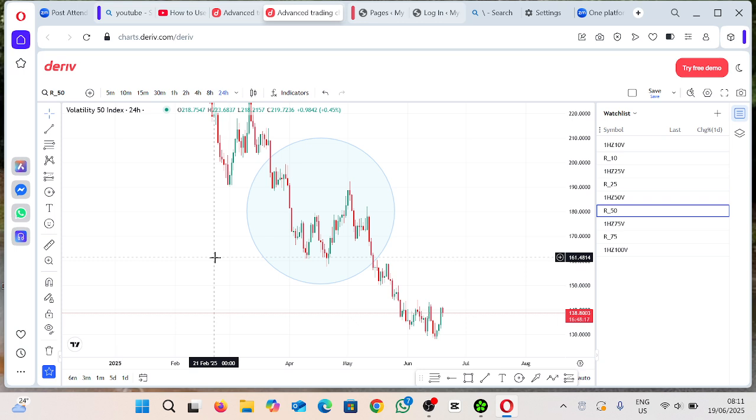So right now, let's say you see a setup on the 4-hour time frame, you don't have to jump into that trade. You have to scale down to your lower time frame, because that is when you see your perfect entry. So on this pair, this zone like this, let's go down to the 4-hour time frame.